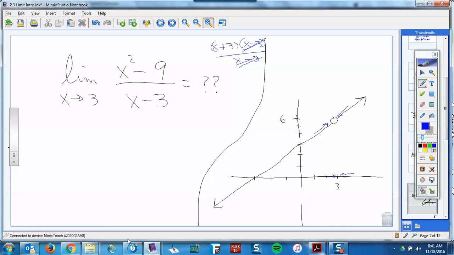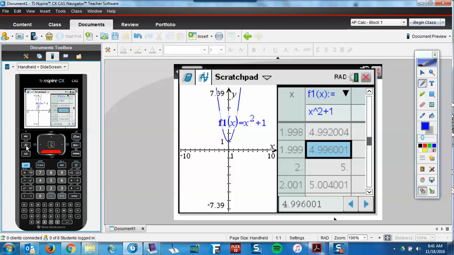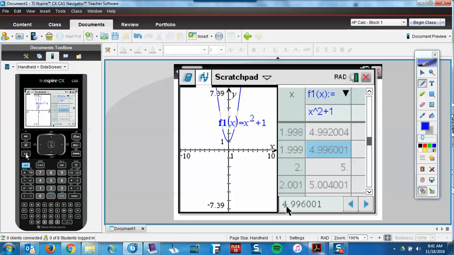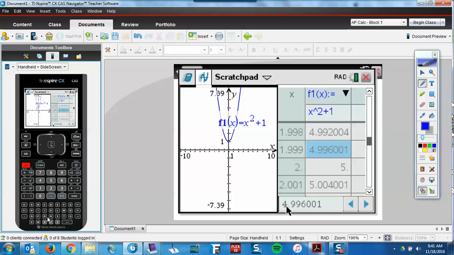But graphically, it's easy to see what's happening too. Okay? And if I did that on my calculator, if I went back to this problem, I think it's Control G. Control G opens this. And then Control T gives me a table.